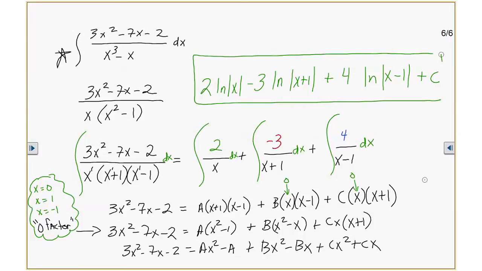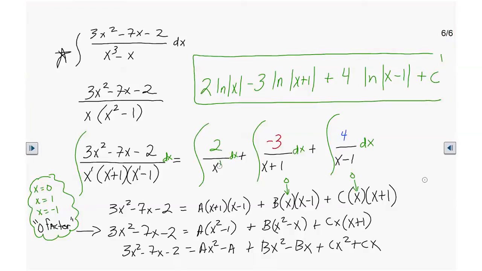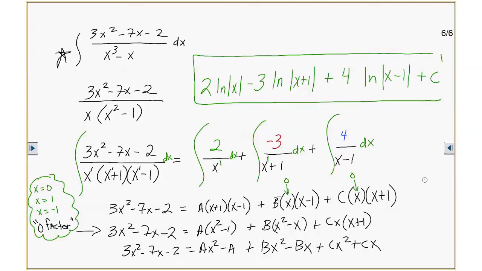Now, with these two examples we just did, the factors are all what? Linear. Well, sometimes they're not going to be linear. Sometimes they're going to be quadratic, and that's going to leave you with something quadratic down here, or sometimes it may be a square root. And what happens when it's a square root?